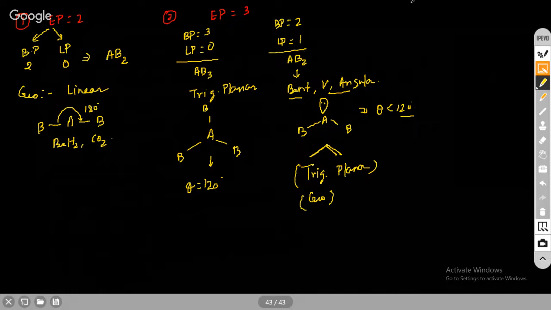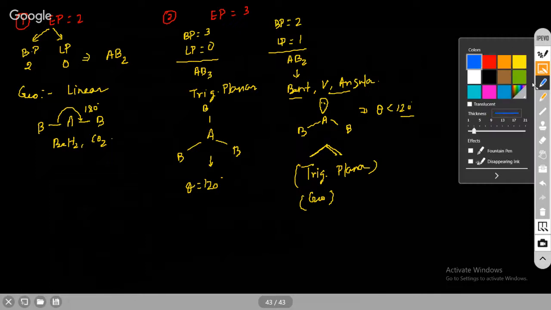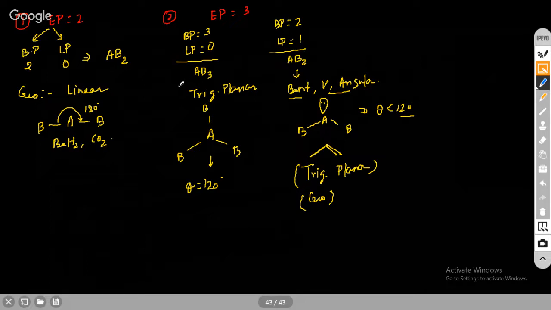So like that we can form different compounds, but the bottom line of all these stories, just one thing you have to keep in mind: whenever lone pair is 0, then the shape and the geometry of the molecule will be same. Whenever lone pair is present, then the geometry will be same.